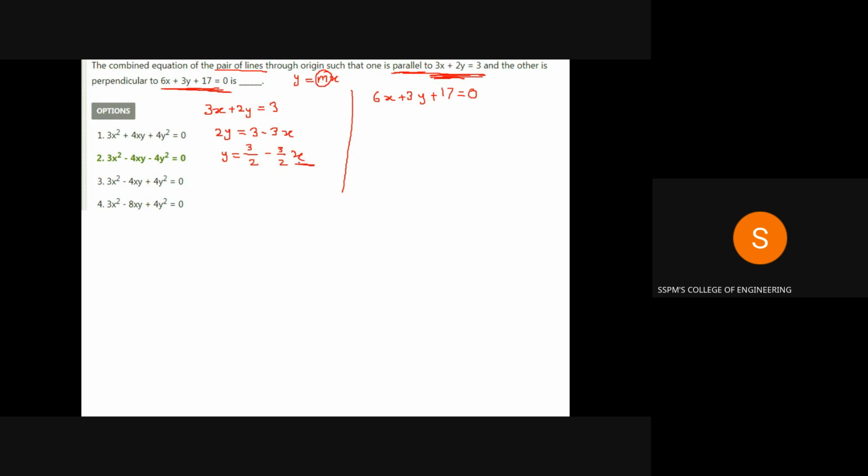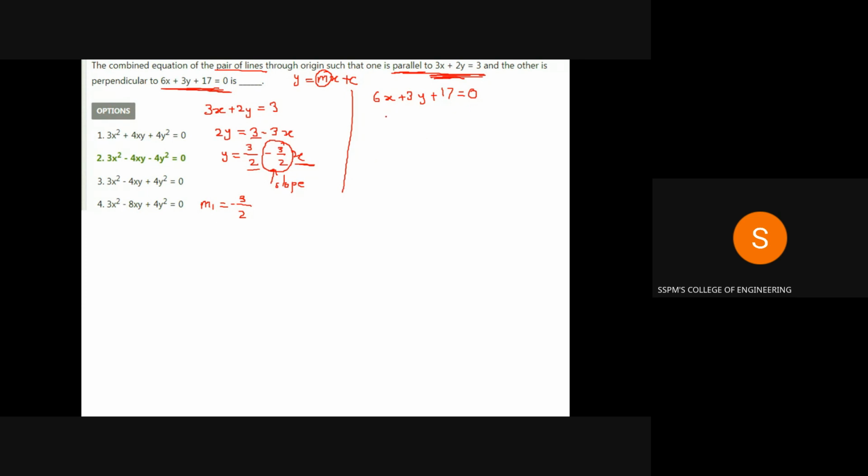So minus 3 by 2 is the slope. Don't get confused. You just have to write the equation in the form of y is equal to mx plus c, where c is the constant. So the coefficient of x is the slope. So for the first line, what is m1? m1 is equal to minus 3 by 2.